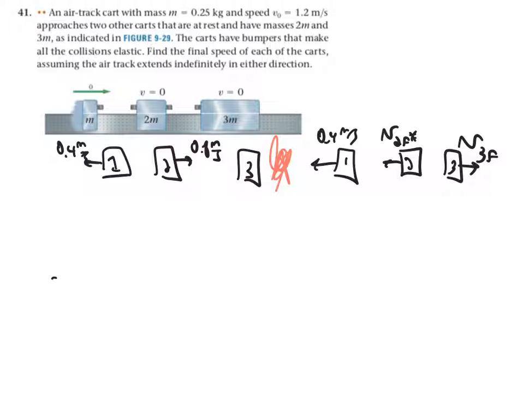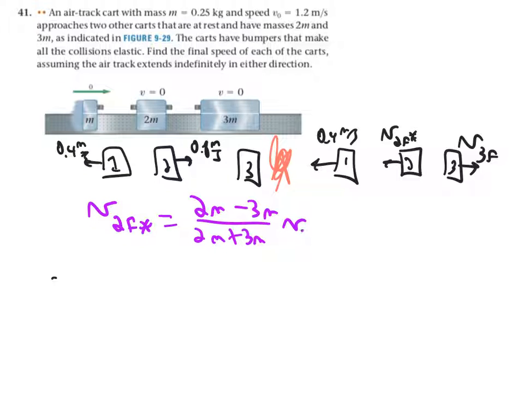According to this, V2F star is going to be (2m minus 3m) over (2m plus 3m) times V initial star, which is what this will be.